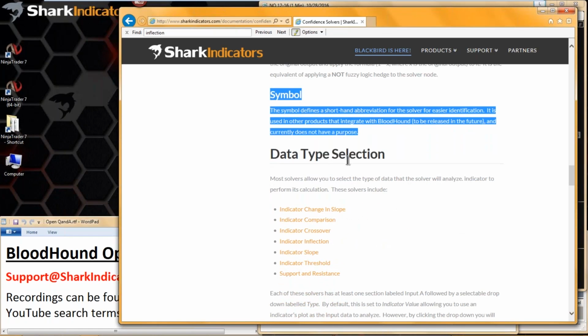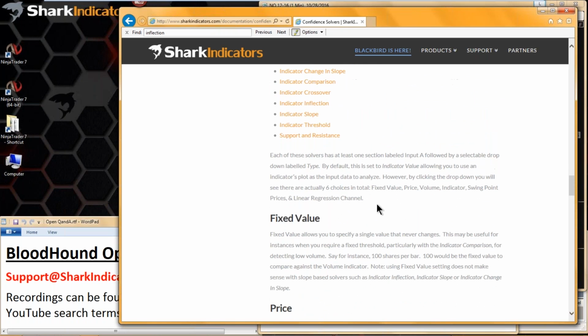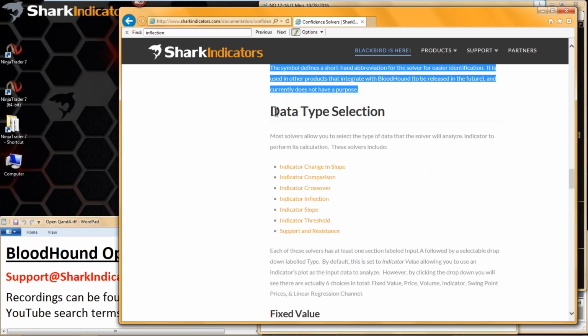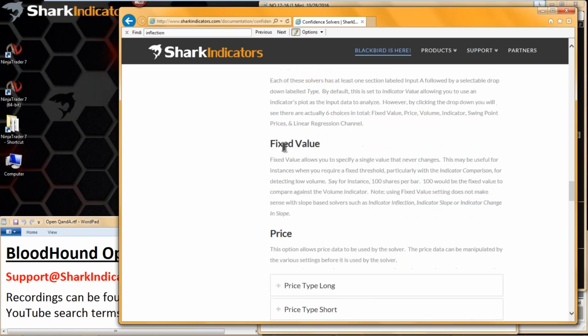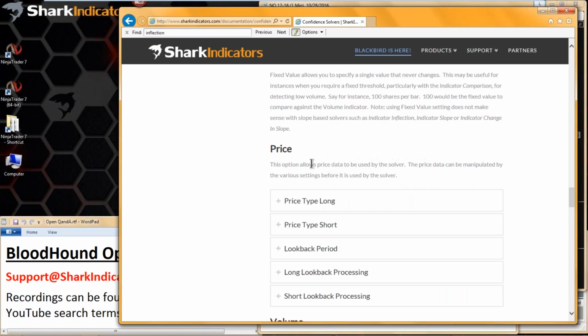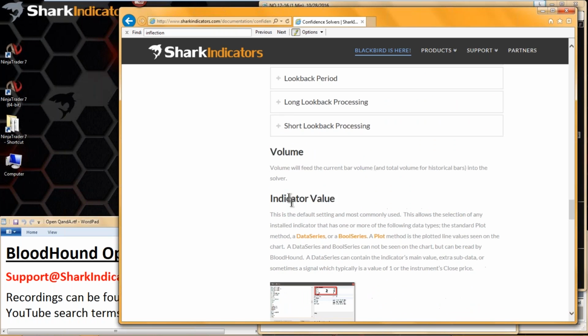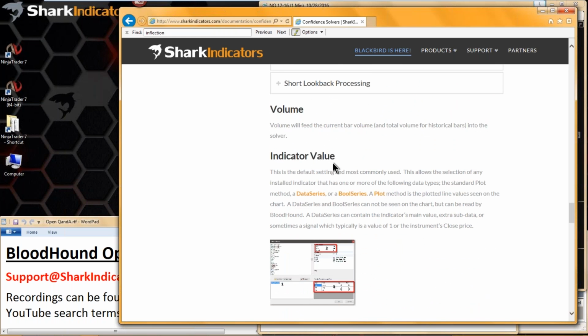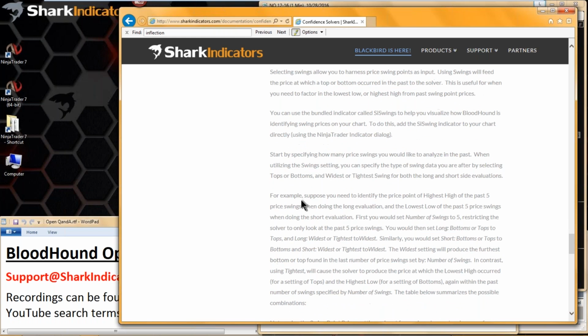But here you go. Data types, or the input types. Right, so every solver you can set it to a fixed value, or you can have the solver looking at price, or the solver can look at volume or an indicator value. So these are all common settings to every solver.